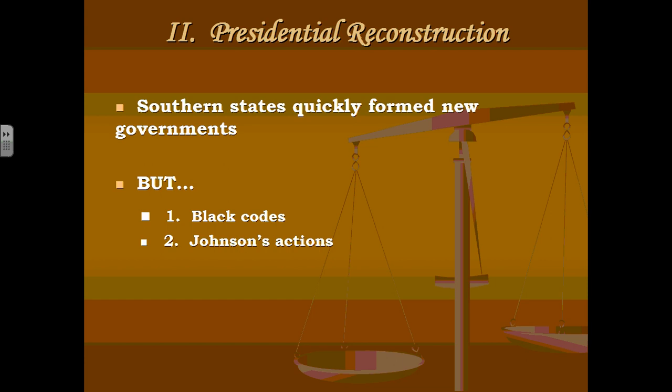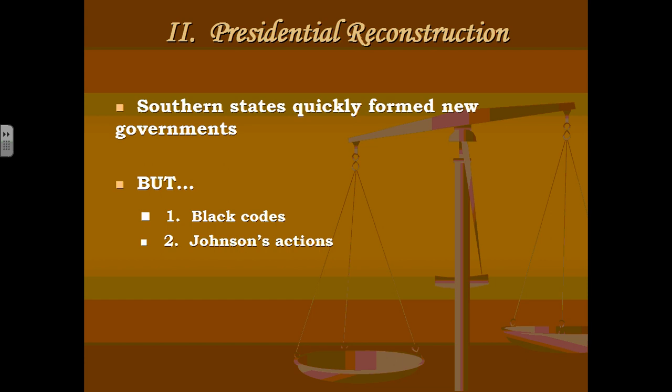The first one is the big problem. Southerners were very, very nervous about the 4 million former slaves that lived in the South. The 13th Amendment had freed them. The question was, what was their status? How were they going to live?